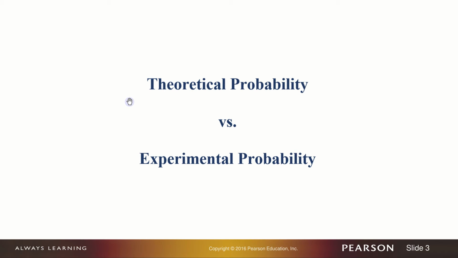So what we do is we depend on this form of probability, experimental probability. In this kind of probability, we run a procedure several times and then calculate the relative frequency of the favorable outcome that we're interested in, and divide that by the total number of times that we ran the procedure.